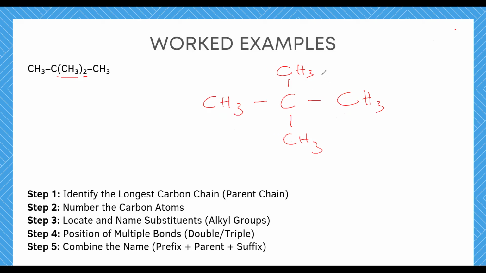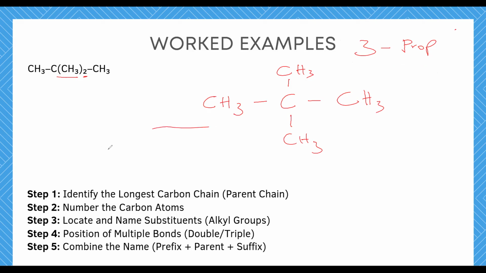Whichever way you choose to count, you end up with three carbon atoms. So the longest carbon chain, three carbon atoms, that gives us the name prop. And it's an alkane because we cannot identify any double or triple bonds in this structure. So we'll get to the cases where we have double bonds and triple bonds present, okay? But for now, let's stick with the cases with just single bonds.